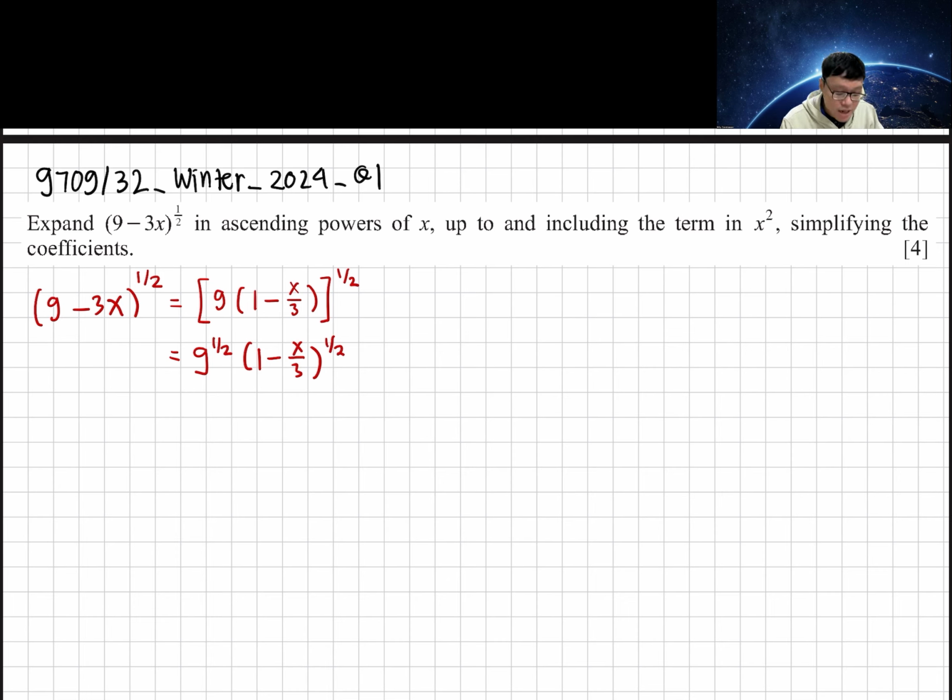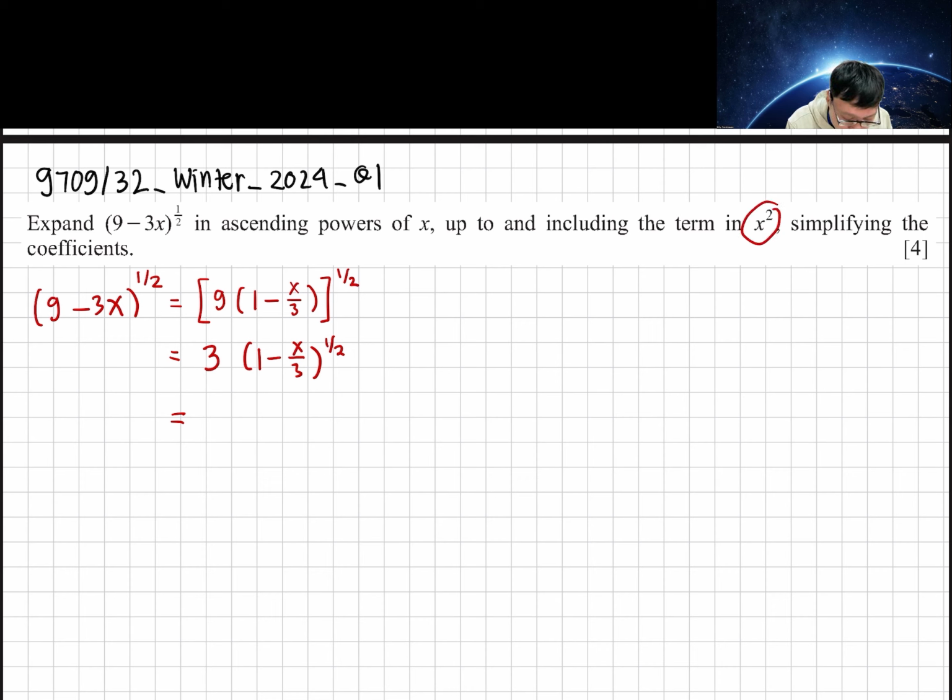And we know that 9 exponent half is just 3. So whenever the first term is not 1, you need to factorize that out, to give you 1 for the first term. So we get this, and you can expand until you reach x squared.